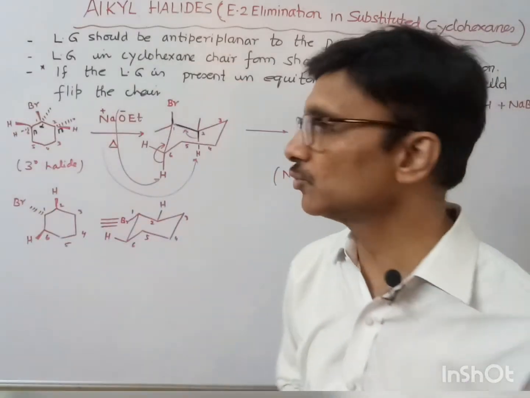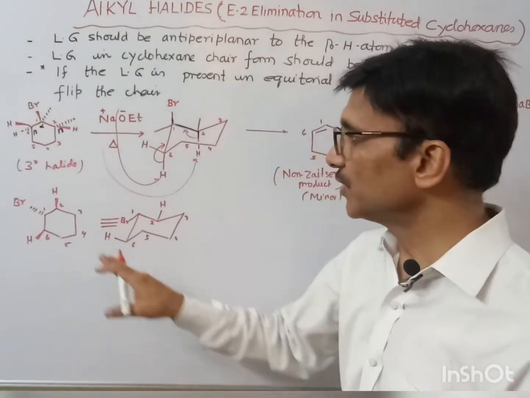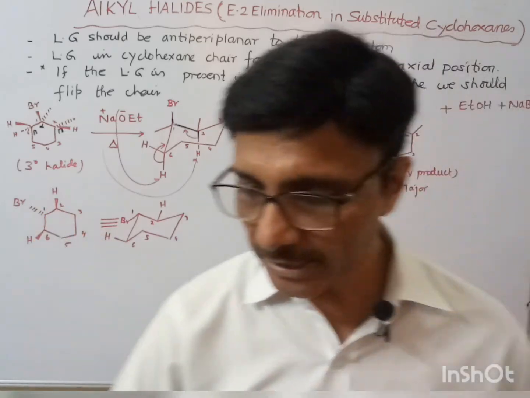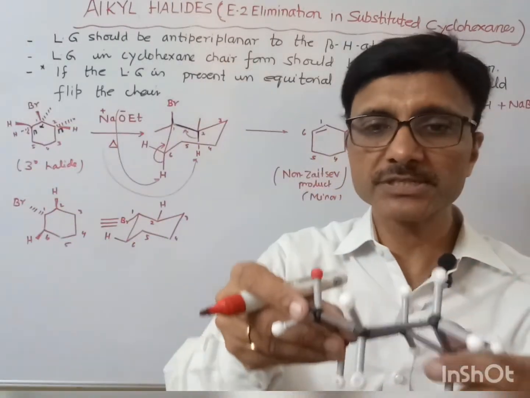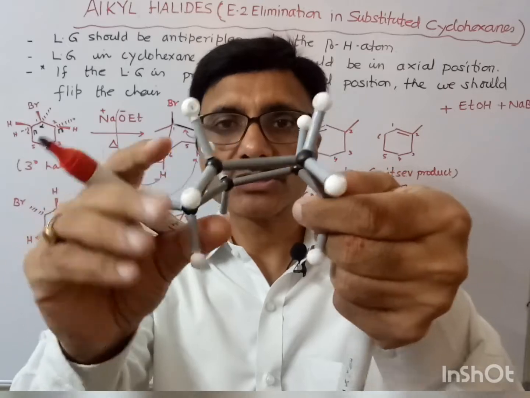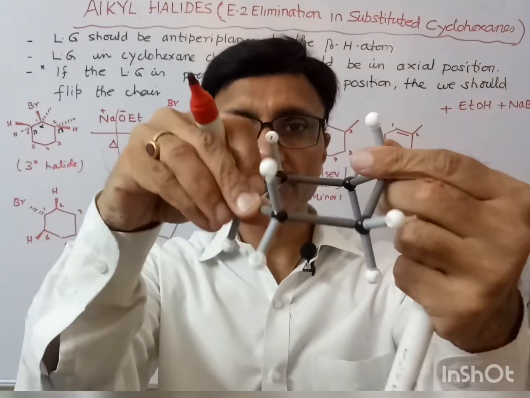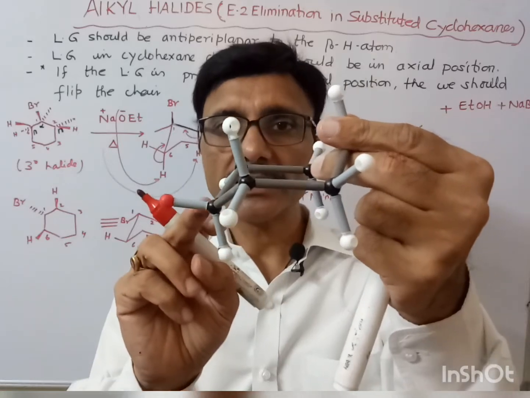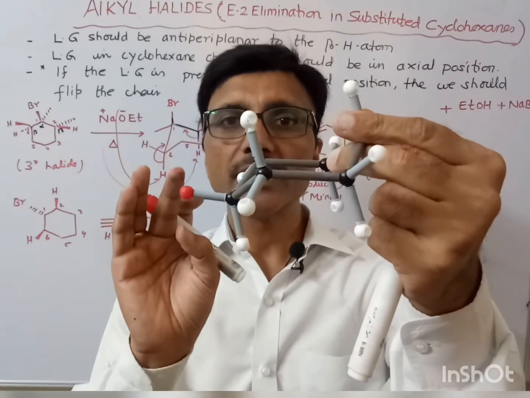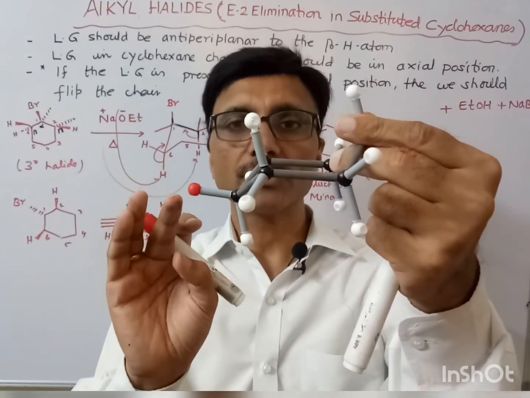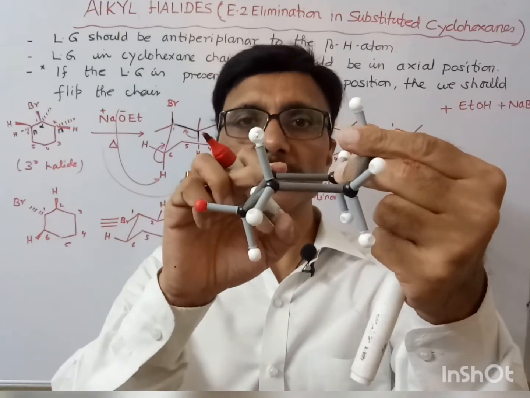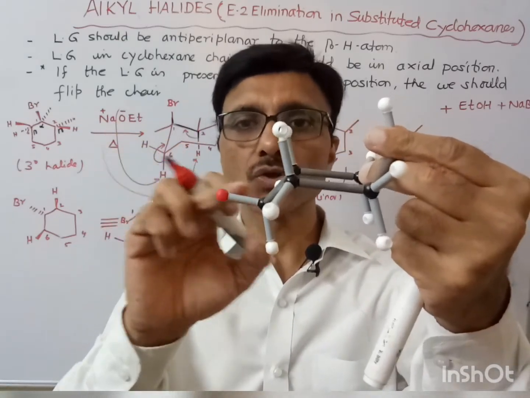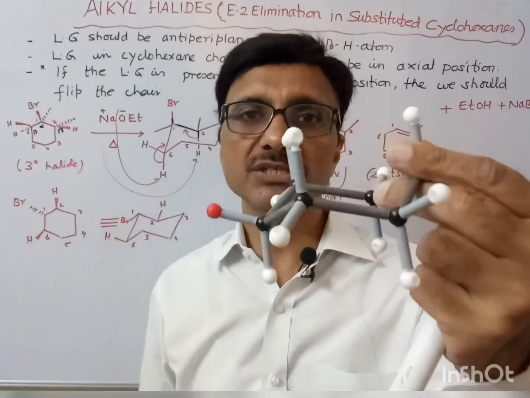Already I have shown you that if the bromine is present in the equatorial position, we can never remove the beta H, because this beta H is not periplanar to this bromine atom.